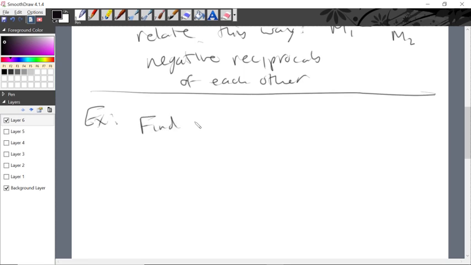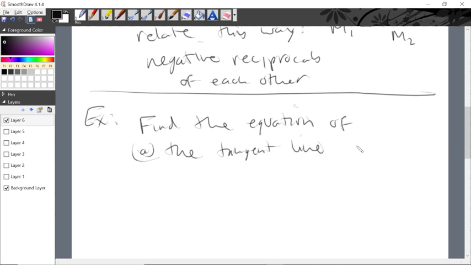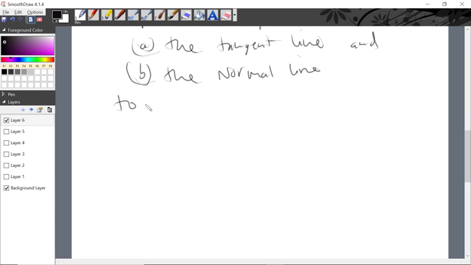Find the equation of A, the tangent line, and B, the normal line, to f of x equals e to the x plus 5x at the point (0, 1).